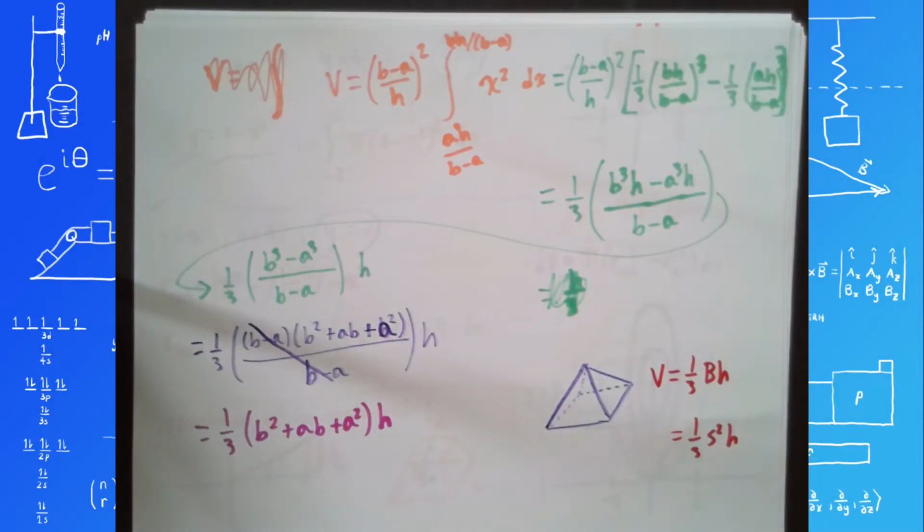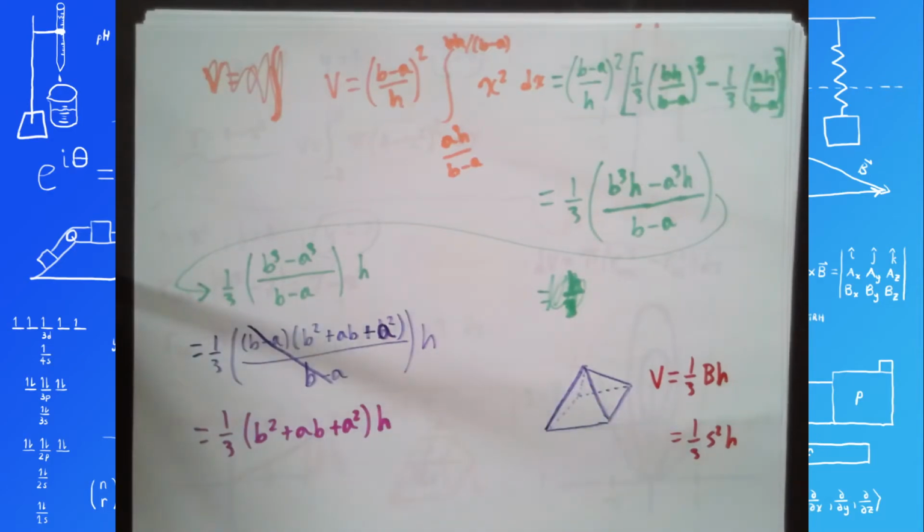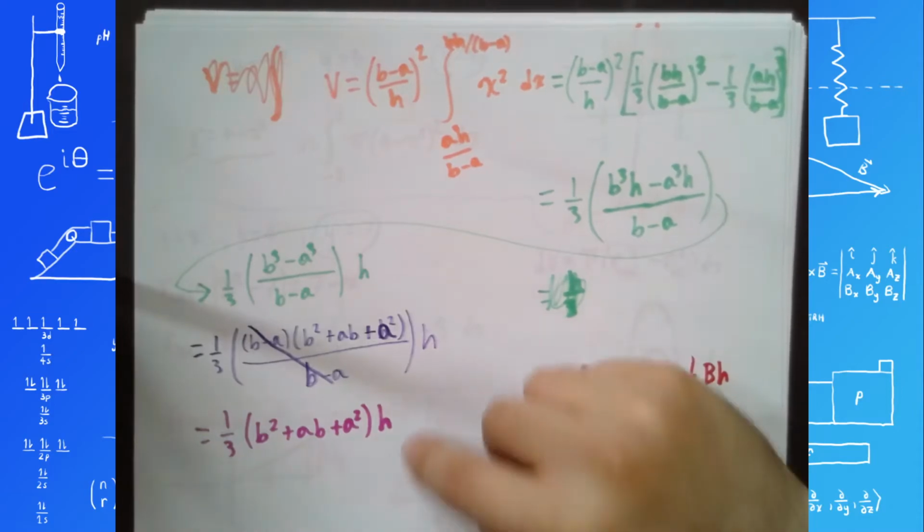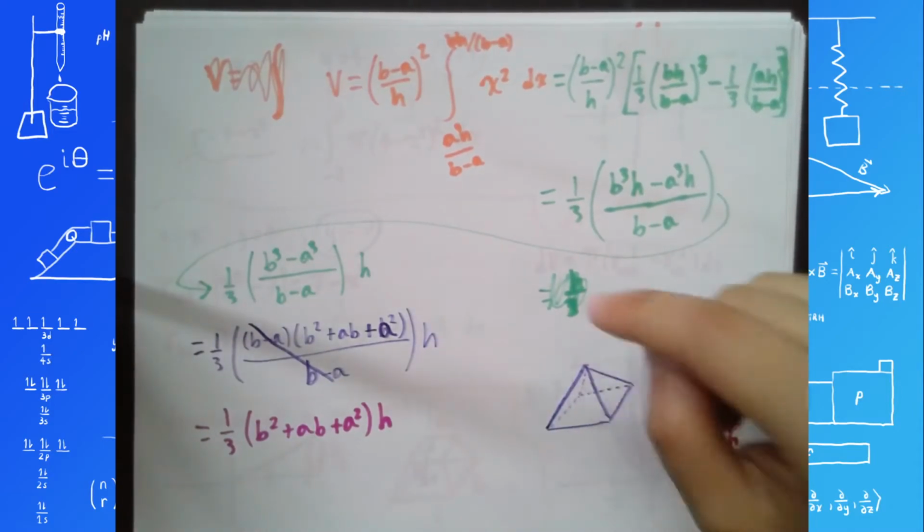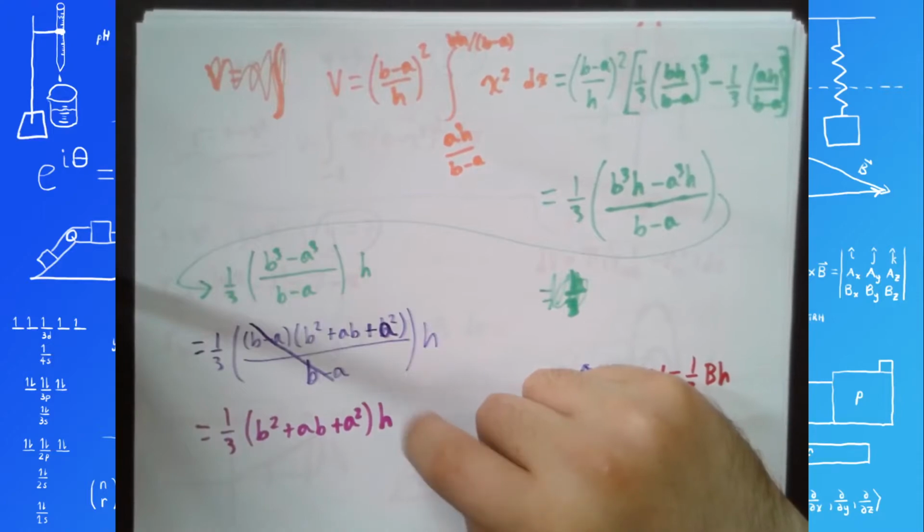But does that actually make sense? The plus AB part, would that actually make sense? Oh, well, it's not the full height. The height here is not the height of the full pyramid. The height here is the height of the frustum of the pyramid.